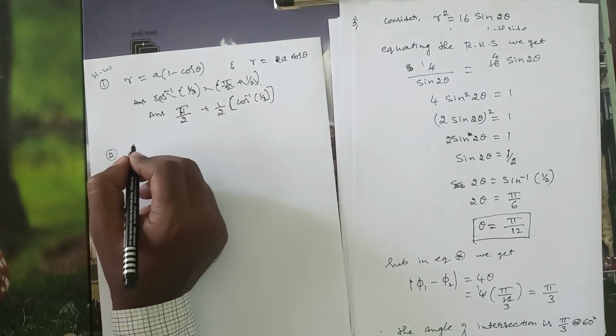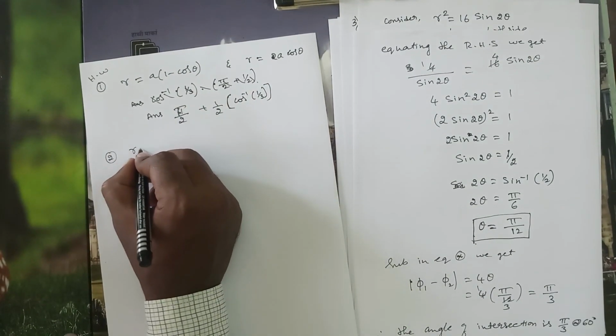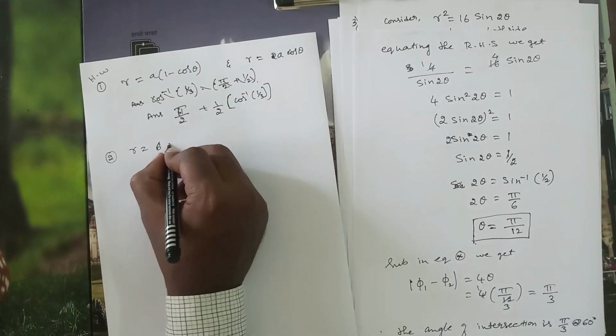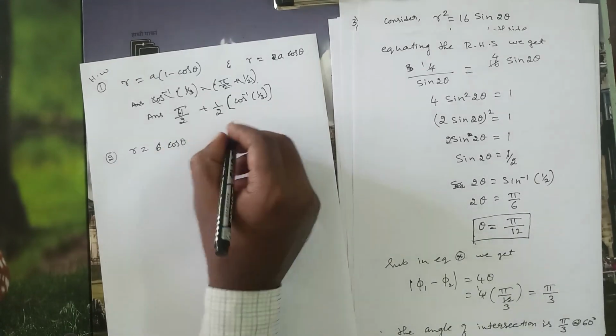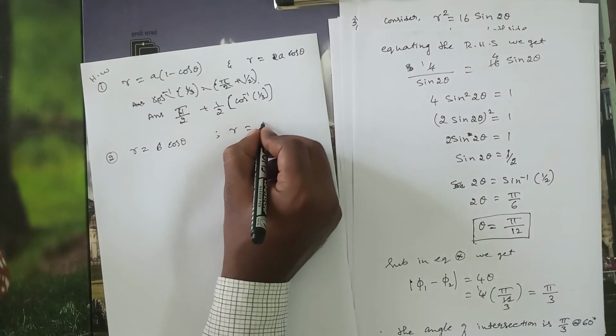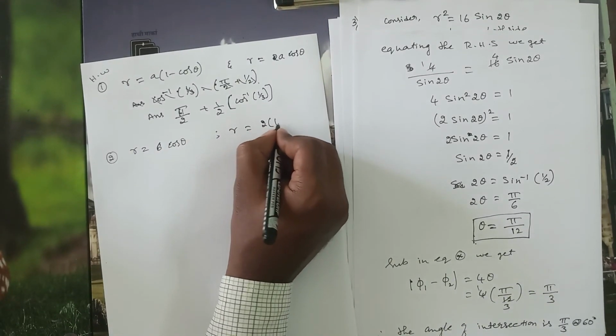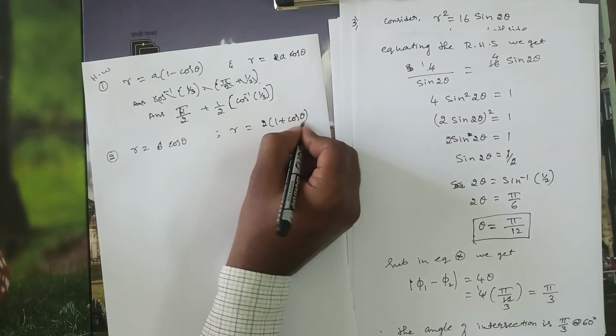Second one: r equals 6 times cos theta, and r equals 2 times 1 plus cos theta.